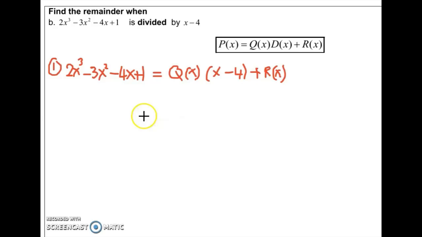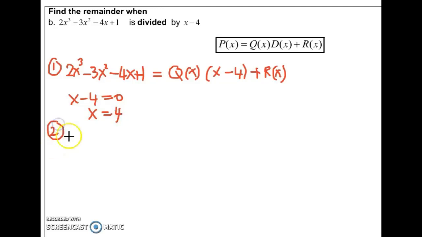Now let's guess what x should be. Correct, let x minus 4 equal 0, so x equals 4.